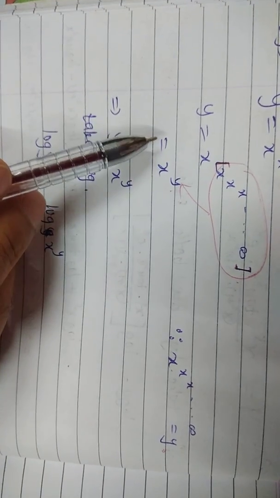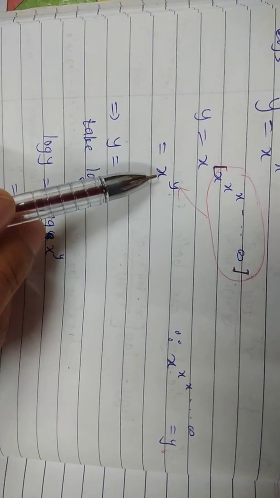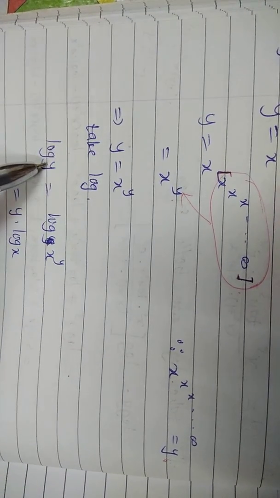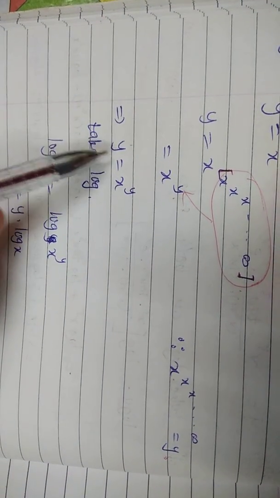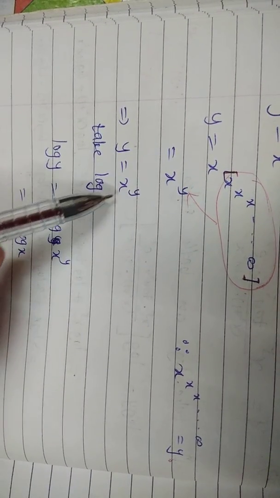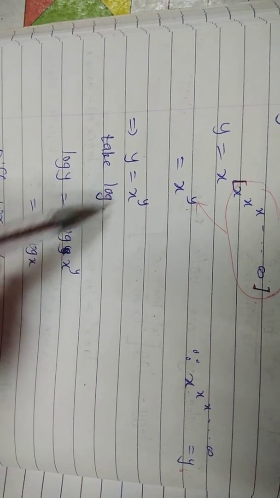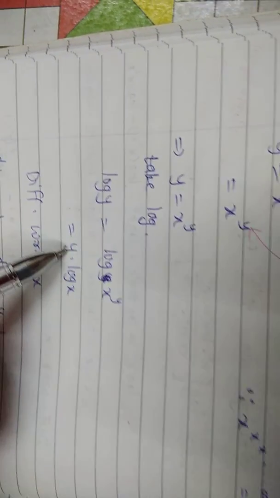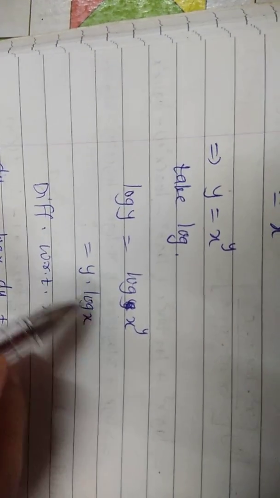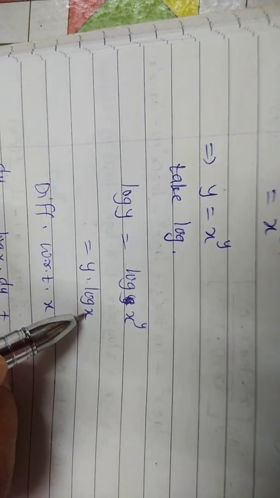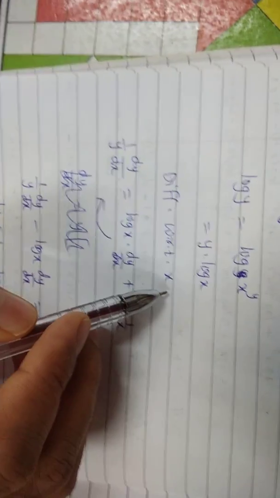So here it is now y equal to x raised to y. Taking log on both sides, the left hand side will be log y, and the right hand side is log of x raised to y, so y comes down: y multiplied by log x. Now take the derivative with respect to x.